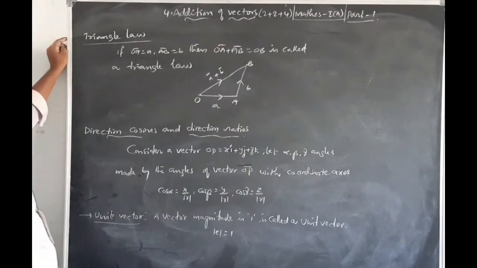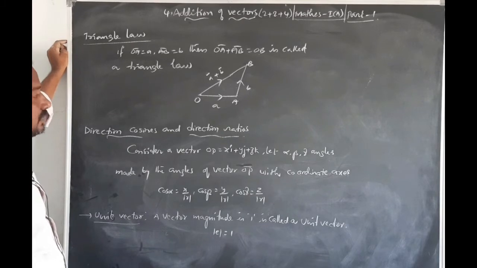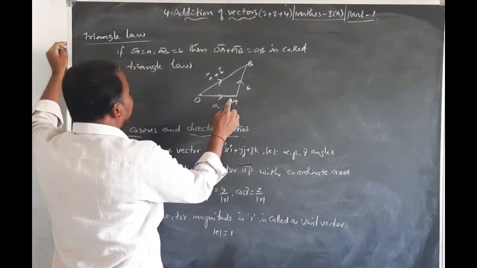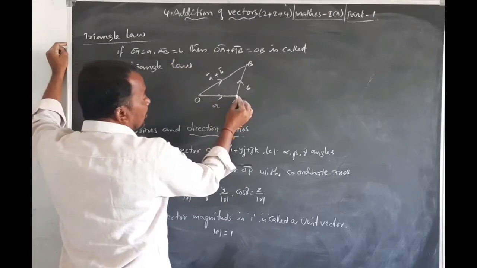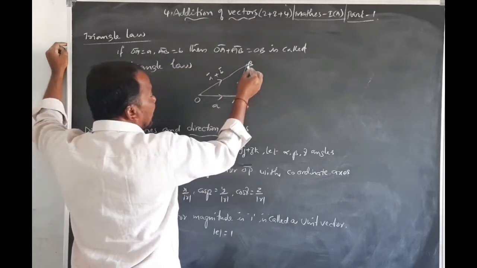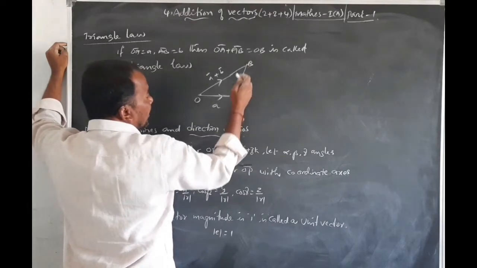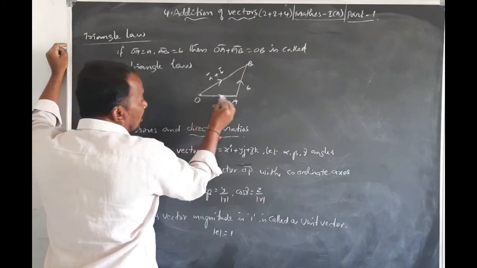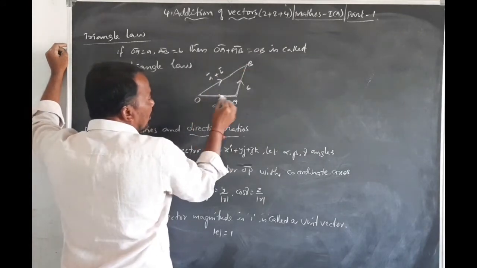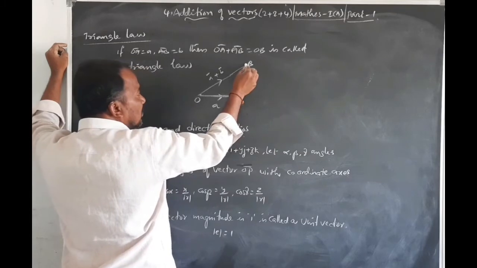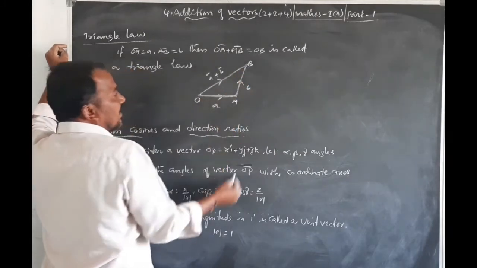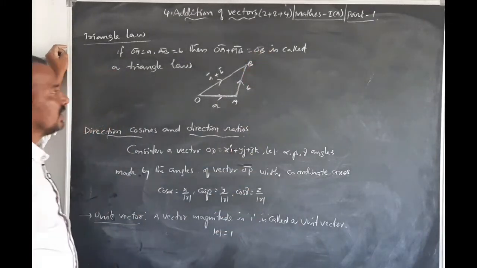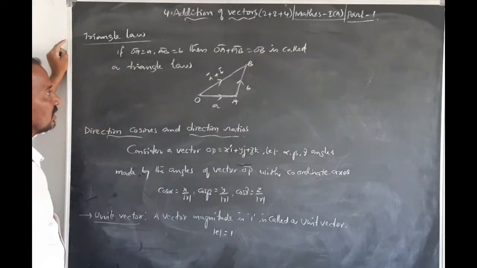Okay. If OA equals a, in the direction from O to A, and AB equals b, in the direction from A to B. Then OA plus AB equals OB. It is called the triangle law.